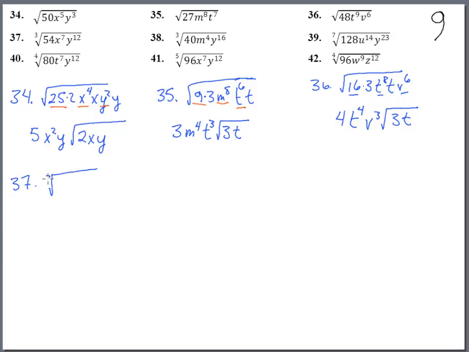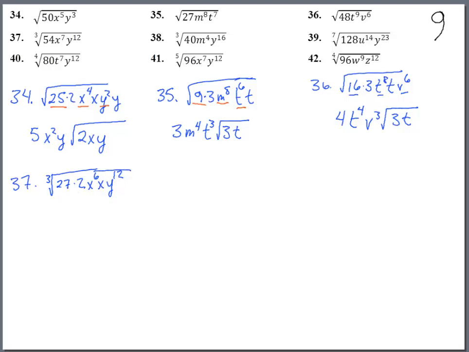Cube root of, now we're looking for perfect cubes. Think about what the perfect cubes are. 1, 8, 27, 64. Looks like 27 goes into there. That's 27 times 2. X to the 6th is a perfect cube, and y to the 12th is indeed a perfect cube. You can take y to the 4th cubed, which gives you y to the 12th.